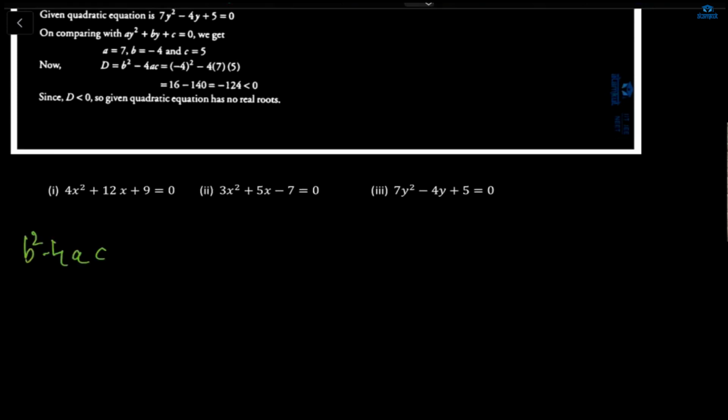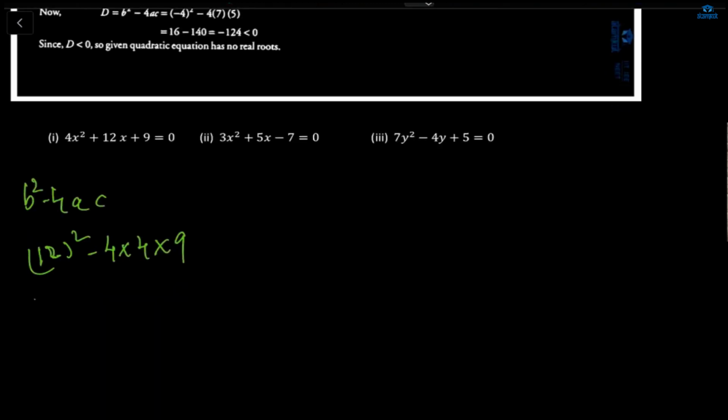We compare with the standard equation and then find it. So b square will be 12 square minus 4ac. 12 square is 144, and 4ac is also 144.